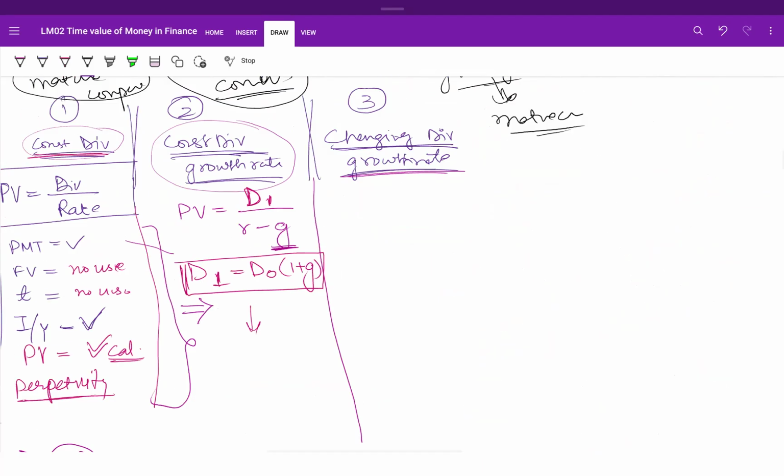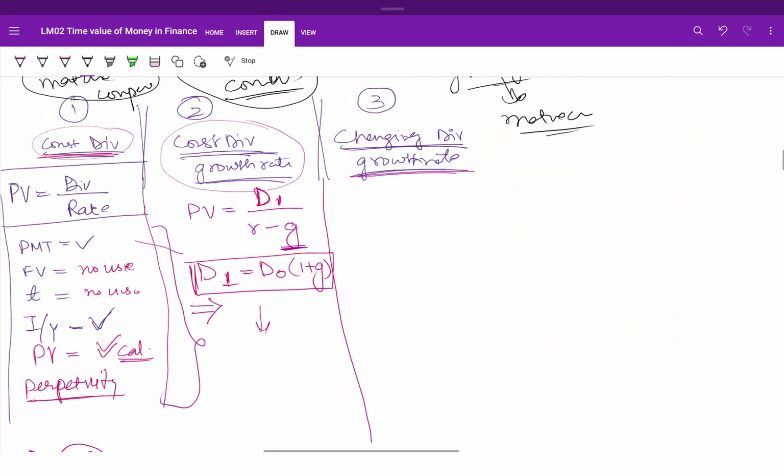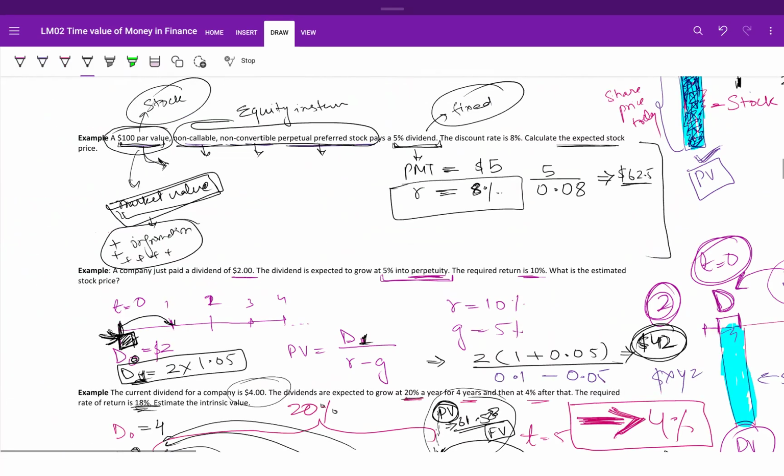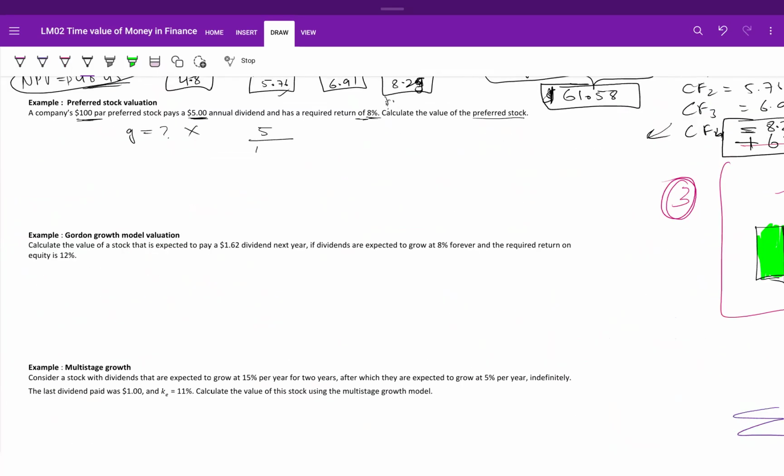We are going to divide 5 by 0.08. Even if I do it manually, 250 divided by 4, 125 divided by 2, 62.5 is the answer.